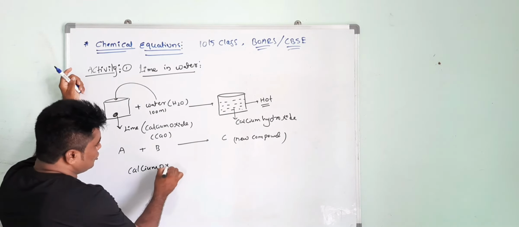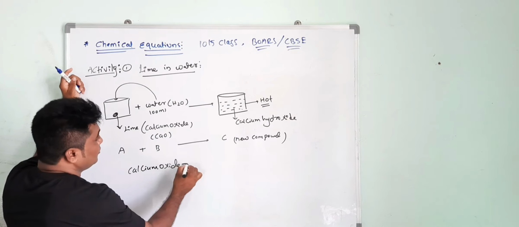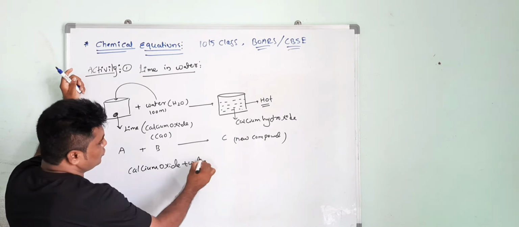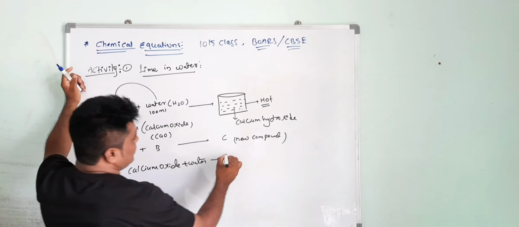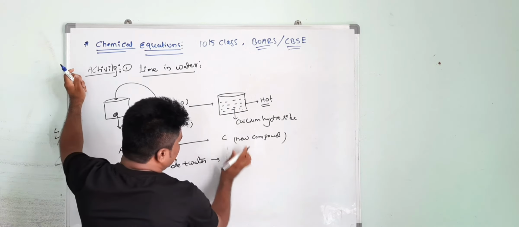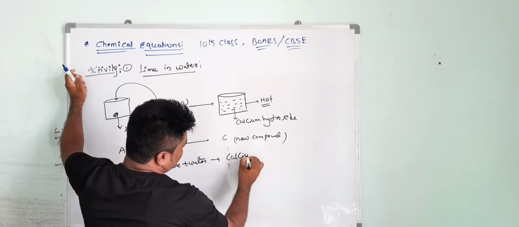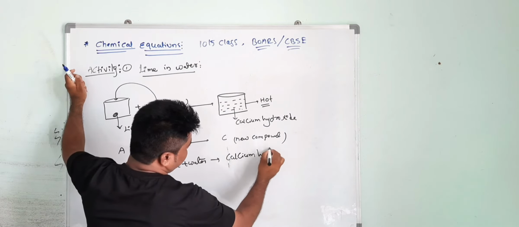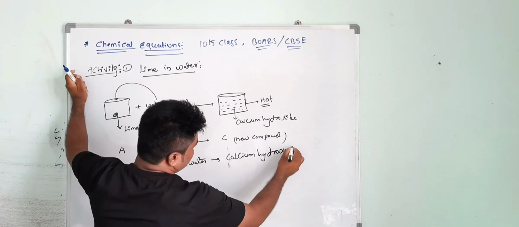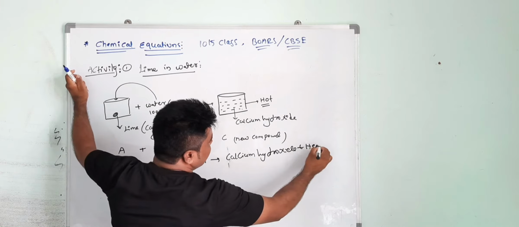Calcium oxide plus water. Water reacts with calcium oxide and you are getting calcium hydroxide, and some amount of heat is released.